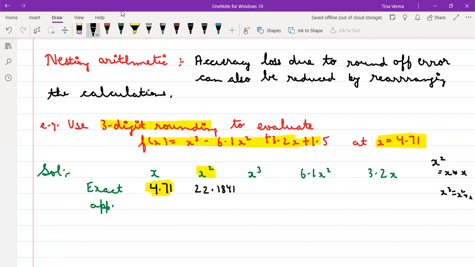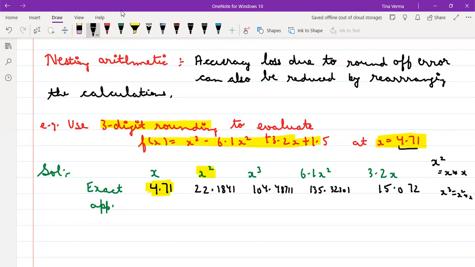So that will come out to be your 104.48711, and 6.1 x square, that means you will multiply x square with 6.1. So this will come out to be your 135.32301, and 3.2x is coming out to be your 15.072.